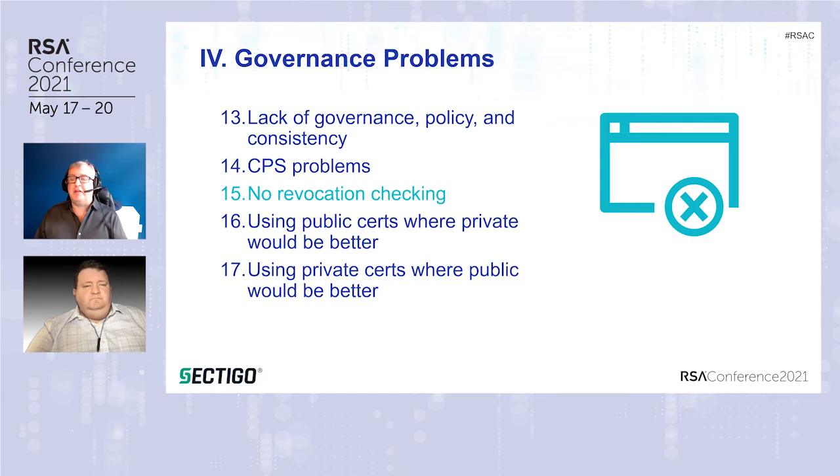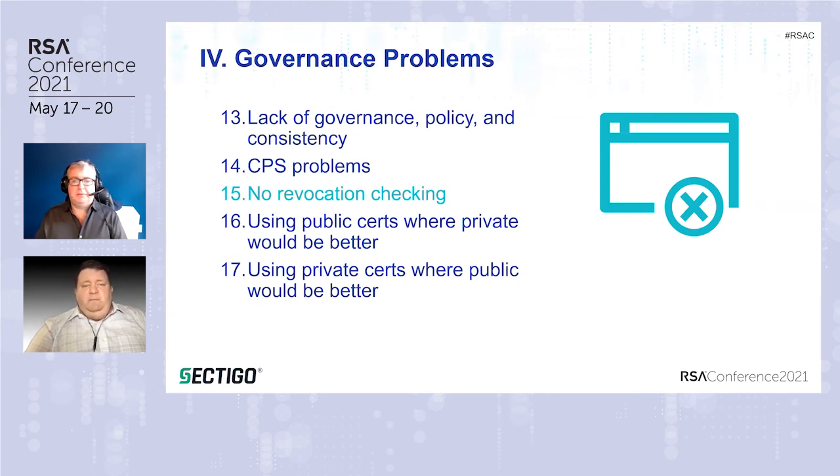Revocation checking. We've already talked about revocation. Revocation checking doesn't help, or revocation doesn't help if you don't know if a cert's been revoked. I would say there are some use cases in IoT, for example, where revocation isn't even possible. Therefore, you have to make the decision of having very low term lengths for your certificates.